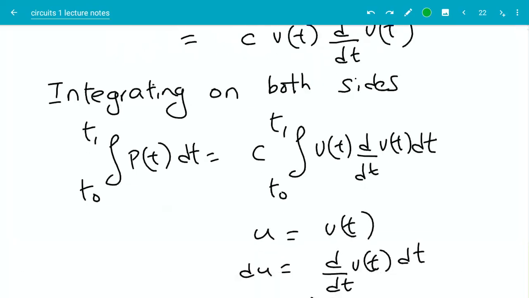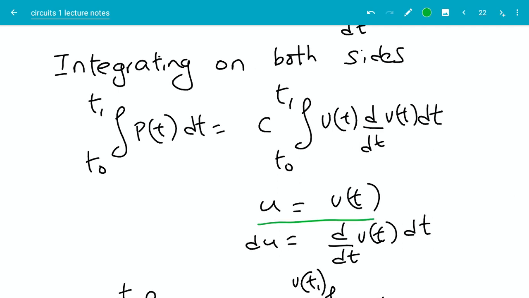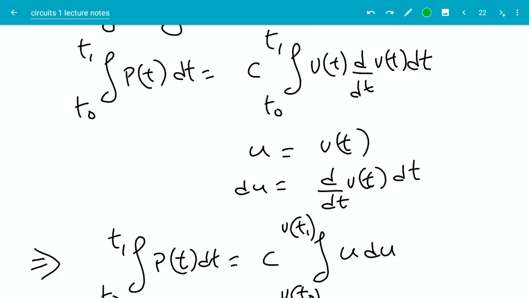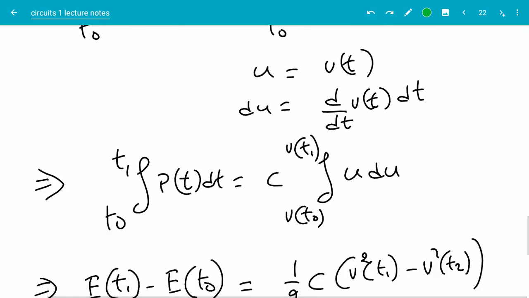When I integrate on both sides, I get this integral equation, and then I make a substitution u equal to v(t), so du is the derivative of v(t) times dt. I make the substitutions and I get this integral on the right. Now this integral is u du, which integrates to one half u squared.